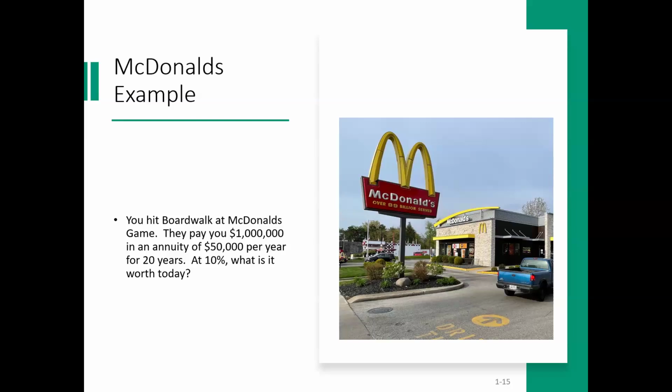If you got a Boardwalk piece, you got a $1 million annuity. That basically means it's paid out 50,000 per year for 20 years. If you were going to say, what is this annuity worth today, how would you do it, and what would be the answer? Again, we'll give everybody just a minute and then we will calculate and discuss.